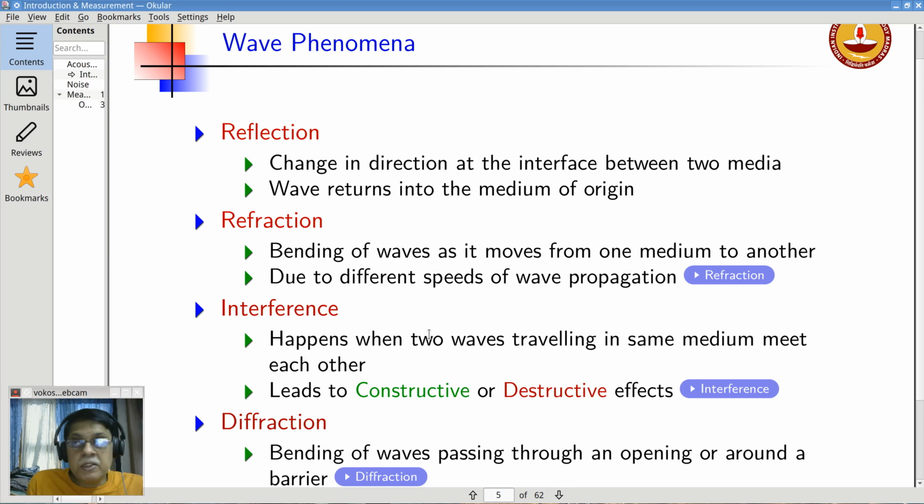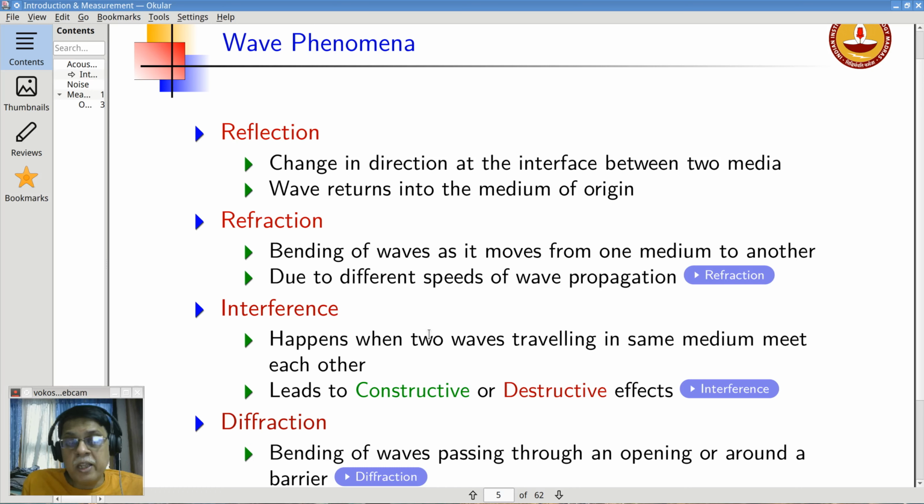We have reflection, which everybody is aware of. If you went to a hill station as a kid, one of the things you would do is shout, and then you can see an echo come back, which is basically reflection. Effectively this is a change in direction, usually between two media. In air it goes, and then there's a wall, which is another medium, and then it reflects from there back into the air, the medium of origin. So that's reflection.